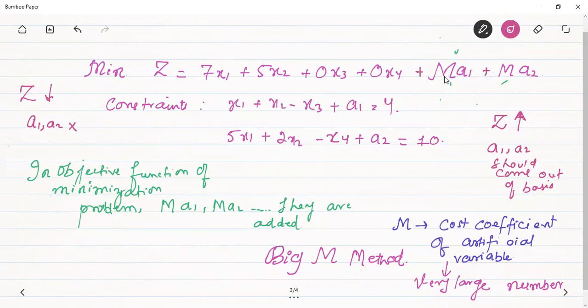When we add them, z becomes very large. This large value of z won't be tolerated by the table because it is a problem of minimization. Therefore the table would like that a1 and a2 should be thrown out in the next steps. Okay, that's why we add them.